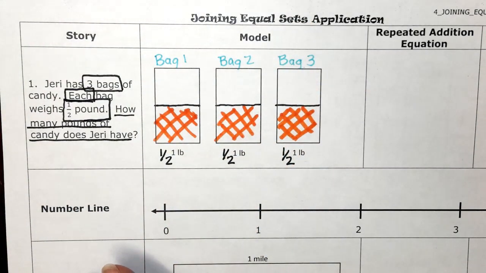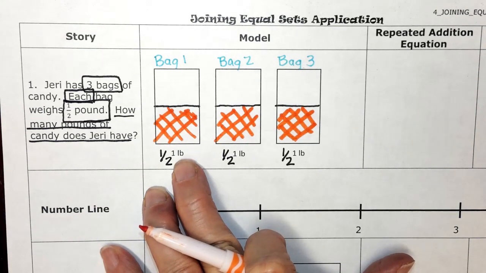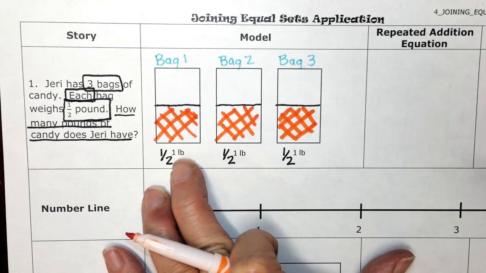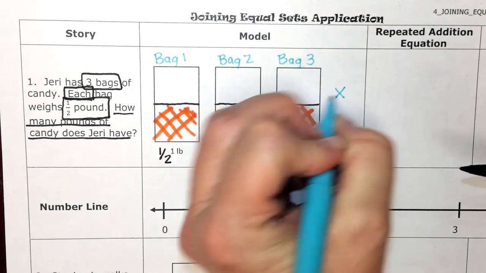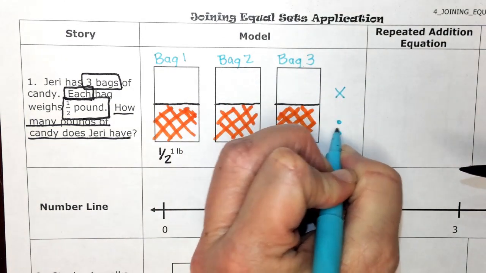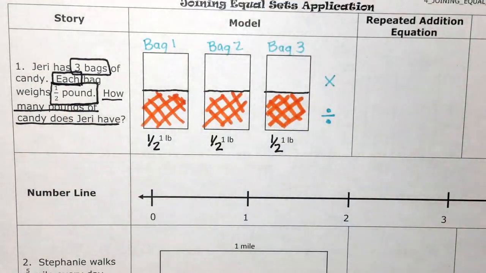Alright, so what I see is that I have some equal pieces here, and anytime we have equal pieces, we automatically should start thinking, is this multiply or is this divide? So I want you to write that out to the side, because I want you to start getting into that mindset of when you see pictures that represent the same amount over and over, it's got to be multiply or divide.